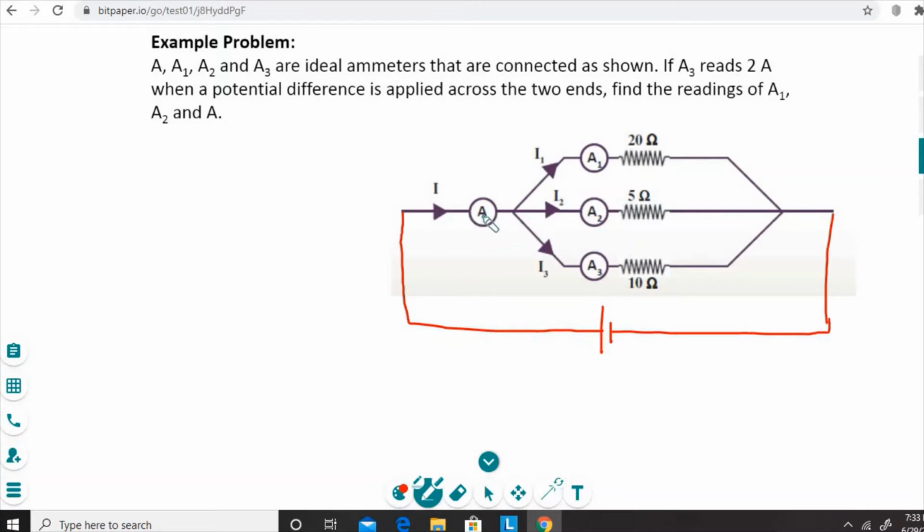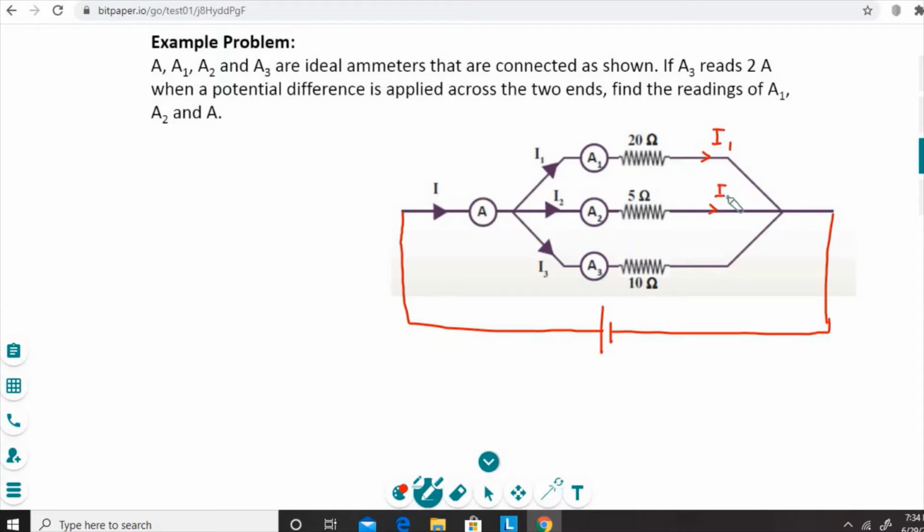and over here the main current I breaks into 3 parts, and for each of the resistors you have, for example, I1, I2 and I3 passing through the 3 resistors, and from here you'll again see I1 emerging.